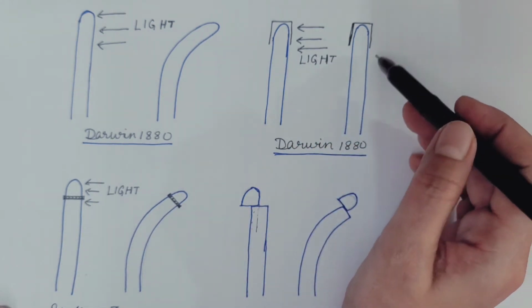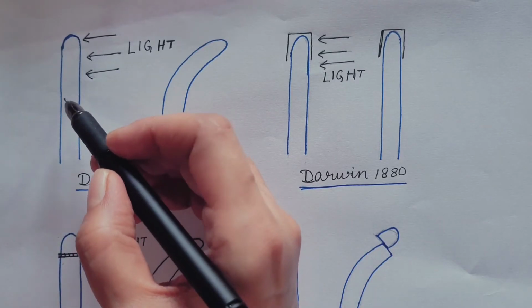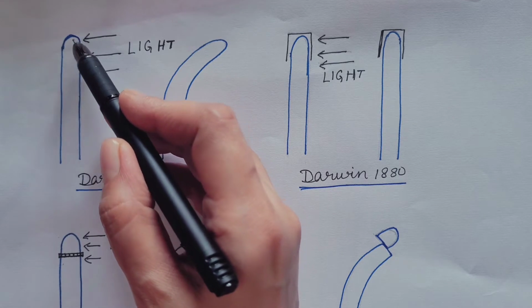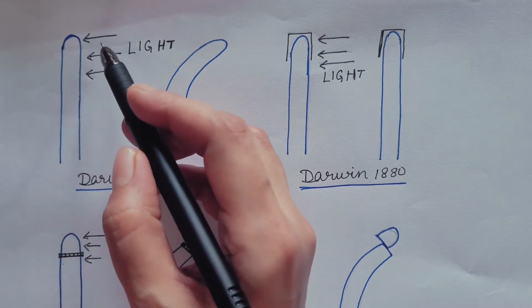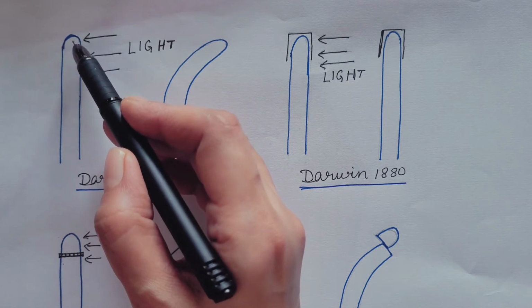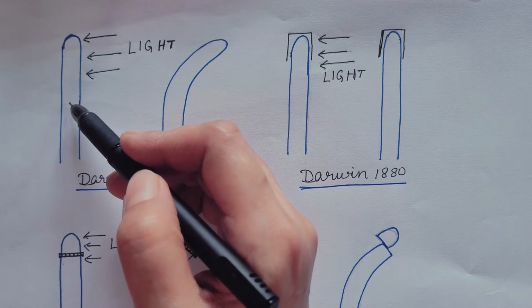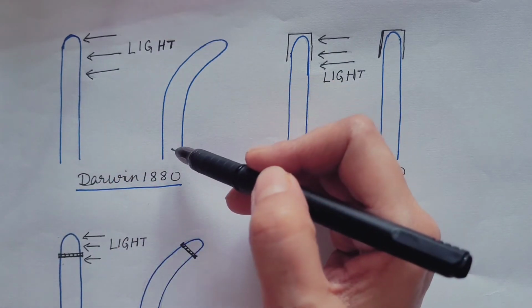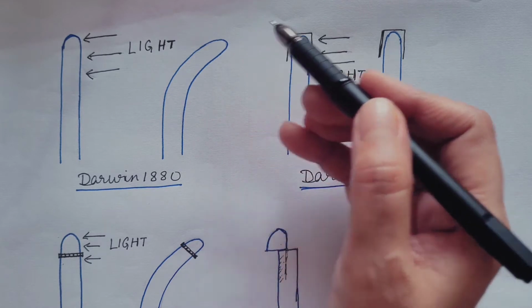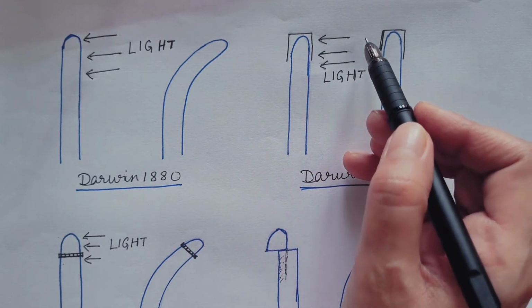At this time, no curvature or bending was seen. So it was concluded that the tip of the coleoptile senses light and that a certain stimulus is transmitted from the tip of the coleoptile to the lower region, which causes the bending of the coleoptile in the direction of the light. But when the tip is covered with tin foil, light is not sensed.